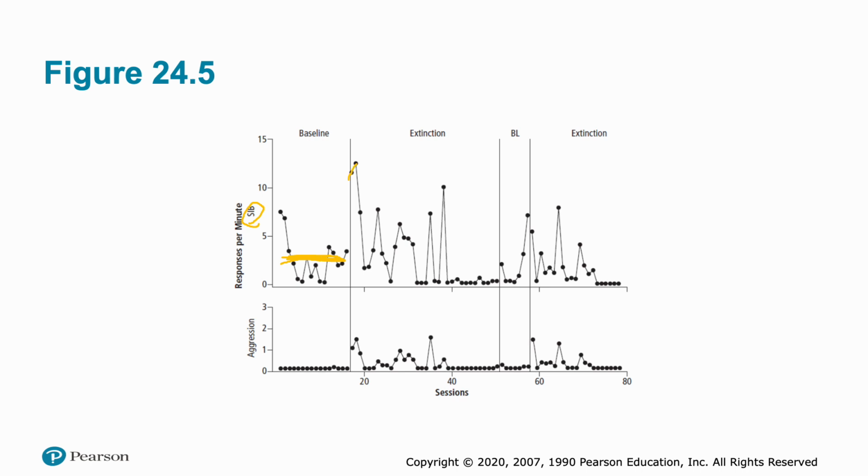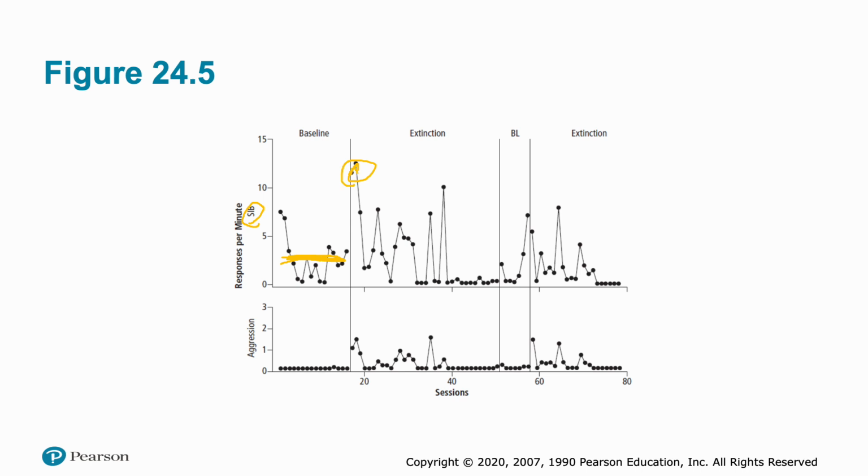Then we begin our extinction intervention, and we see the classical extinction burst, which is where the behavior increases. We went from a level of around, I don't know, three responses per minute of SIB until the extinction procedure was implemented, and now we have around 12 responses per minute, more or less.